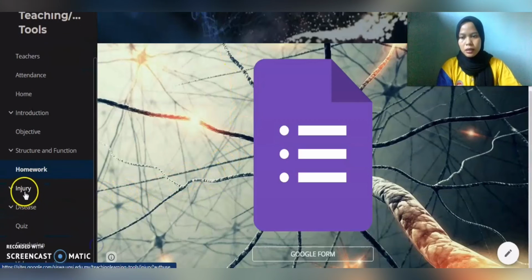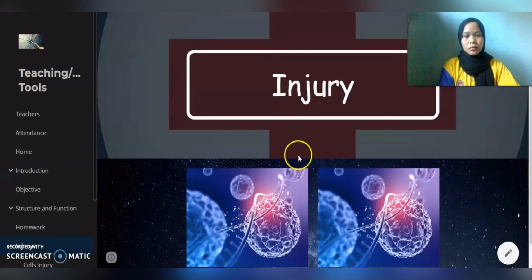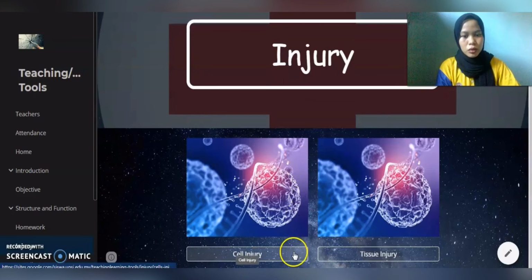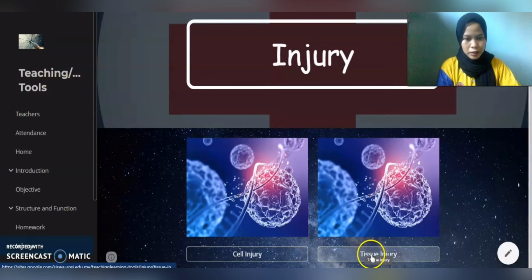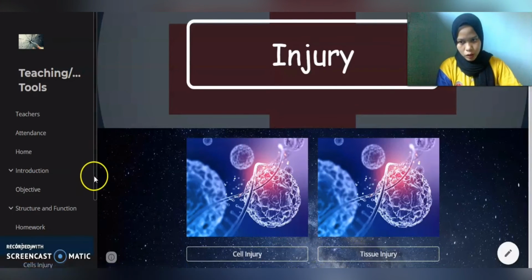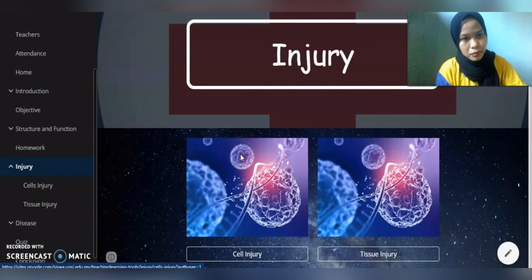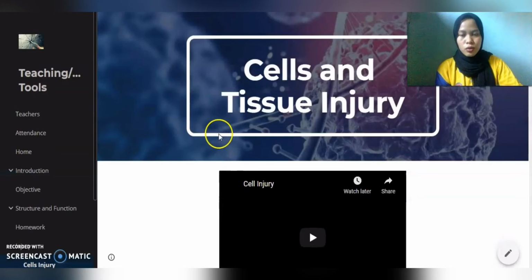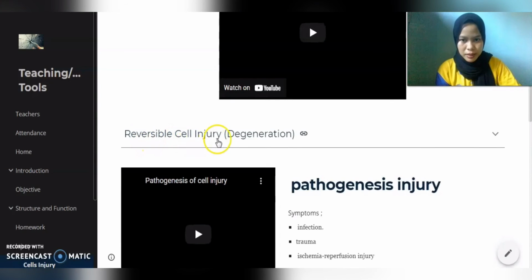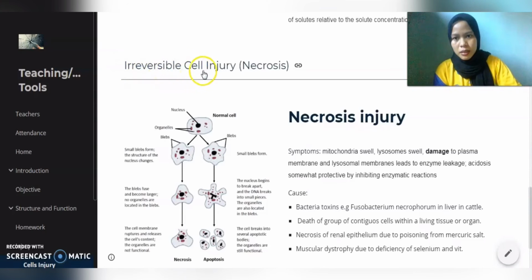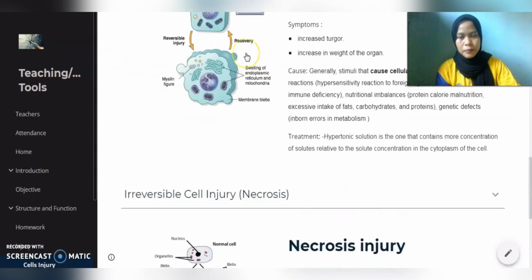So back to the topic, which is injury. If you open this part, you may see the cell injury here and the tissue injury here. Just click here or use the shortcut here. For cell injury, there are 2 types. First is reversible cell injury, which is degeneration, and irreversible cell injury, which is necrosis.